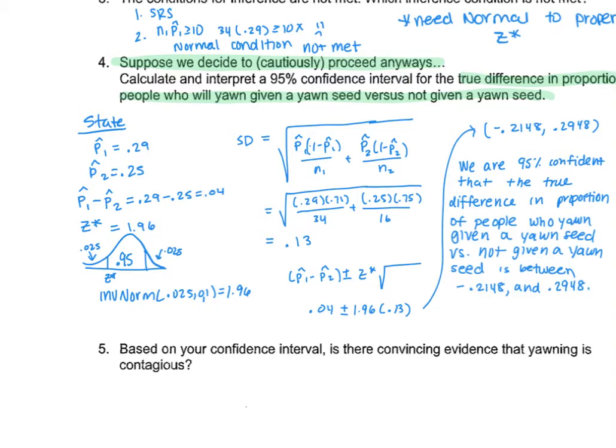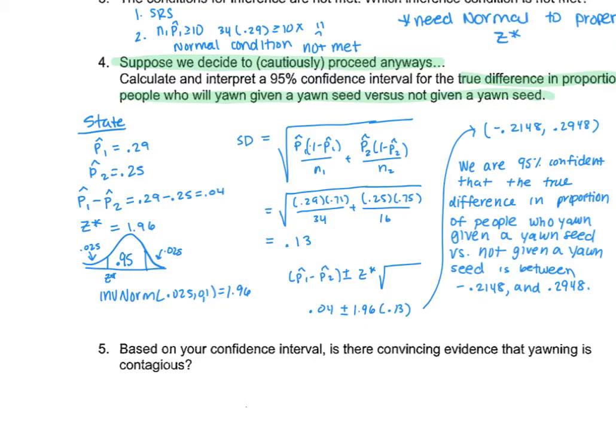So I just paused and wrote the whole thing out. We are 95% confident that the true difference in proportion of people who yawn given a yawn seed versus not given a yawn seed is between negative 0.2148 and 0.2948.